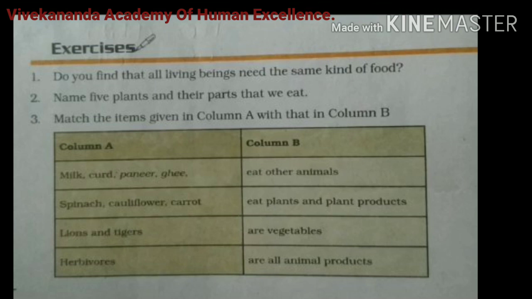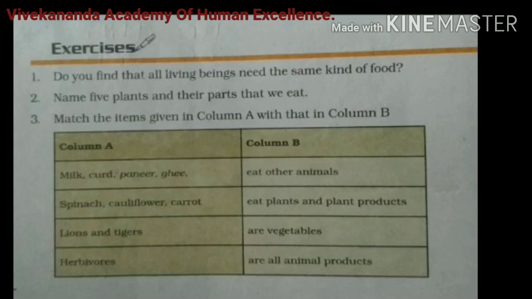So the answer is no. All living beings do not need the same kind of food because there are different types of organisms such as herbivorous, carnivorous and omnivorous. As an explanation, herbivorous require plants, carnivores require flesh, and omnivores eat both. So according to their type, their food variety is different.